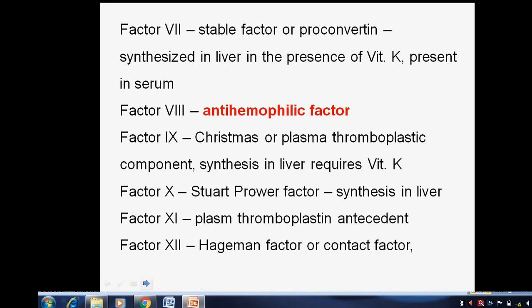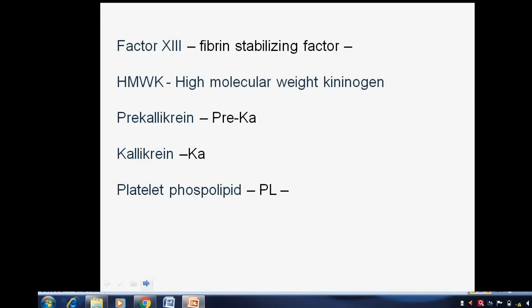Factor 12, Hageman factor or contact factor. Factor 13, fibrin stabilizing factor. Now these are the 13 factors which play an important role in the process of blood coagulation.